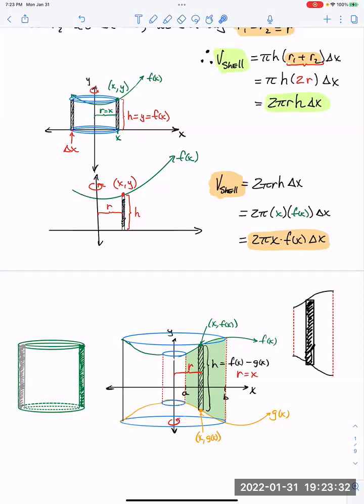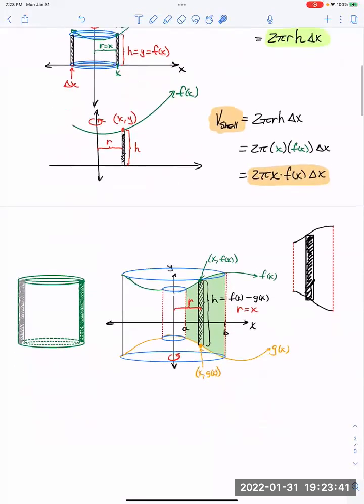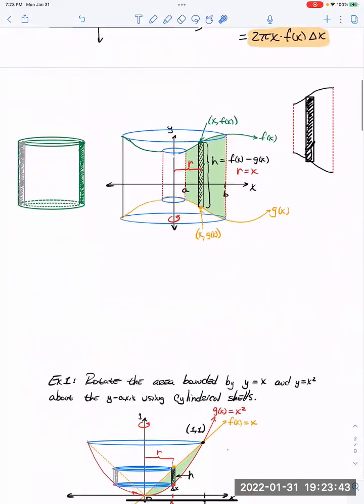All right, so now we're going to take a look at another one, where in this case we are rotating a bounded area. Now it's a little bit convoluted, I'll do the best I can. Here is f of x up here, and here's g of x. So what you have here is a bounded area between these two functions.